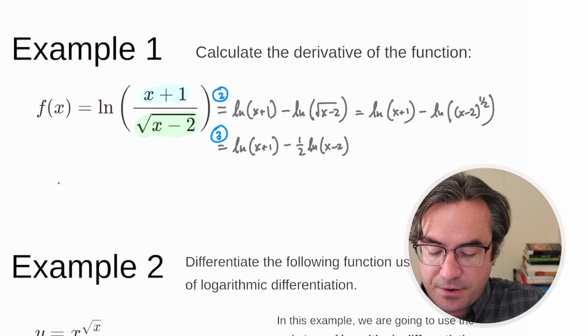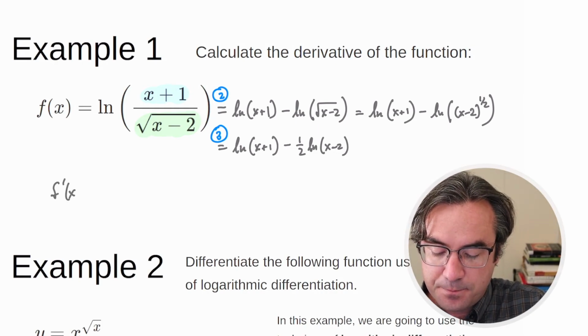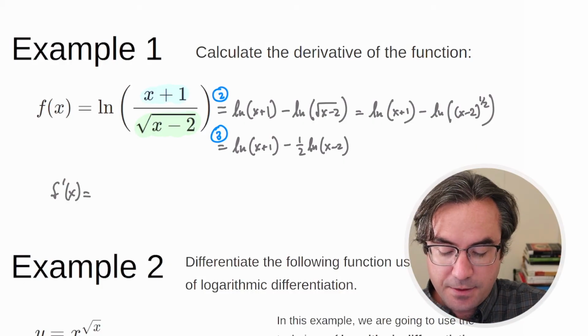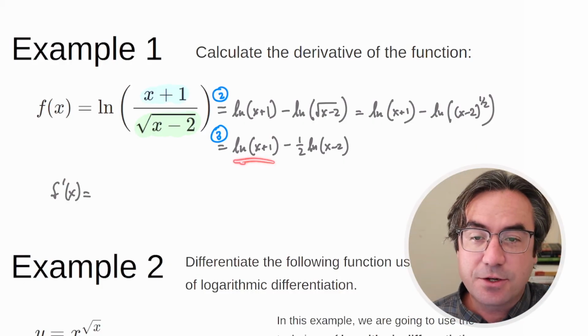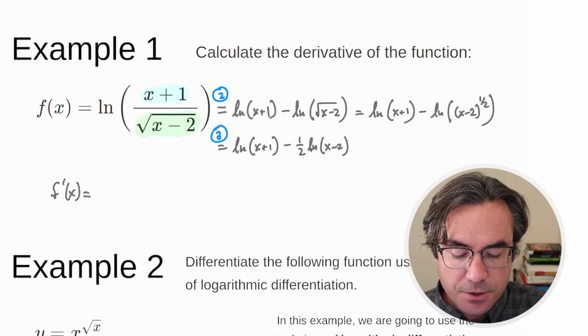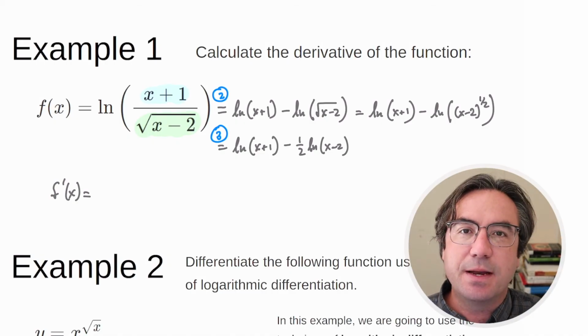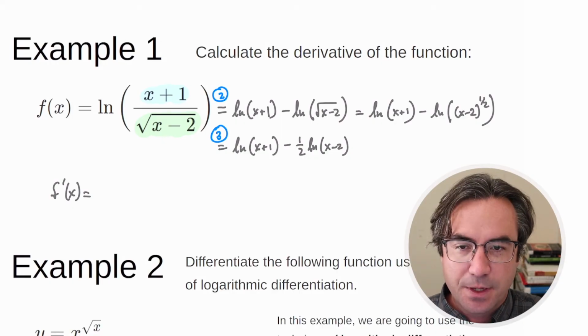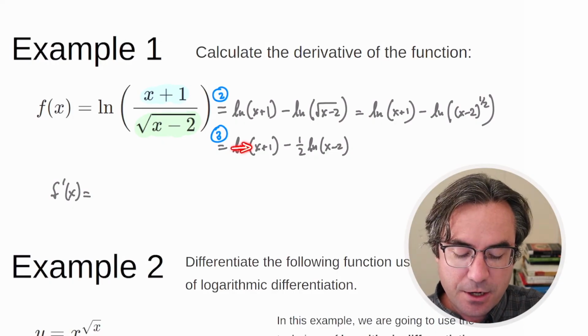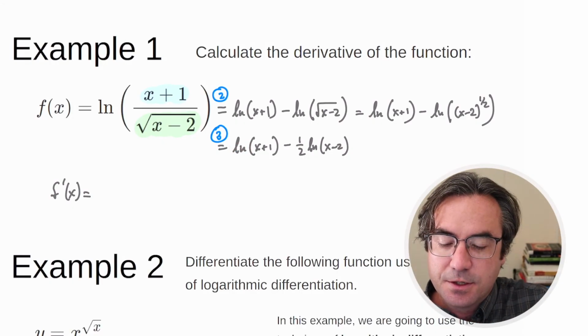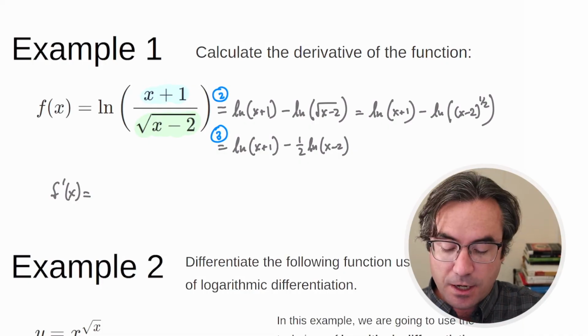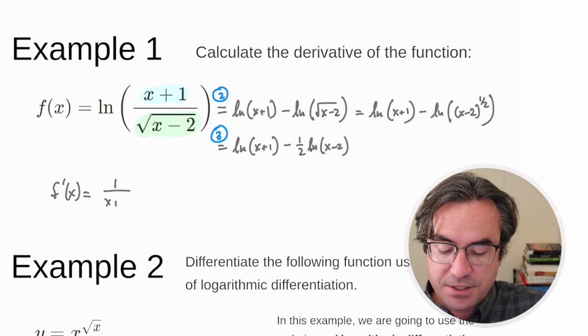So we'll call our derivative f prime. And let's start with the first term. So we have natural log of x plus 1. So we're still going to have to use chain rule here, but there's not going to be as many other things going on when we do it. So for this first one, we got to differentiate our way through that log function. So when we differentiate natural log, we get the reciprocal of whatever's inside.